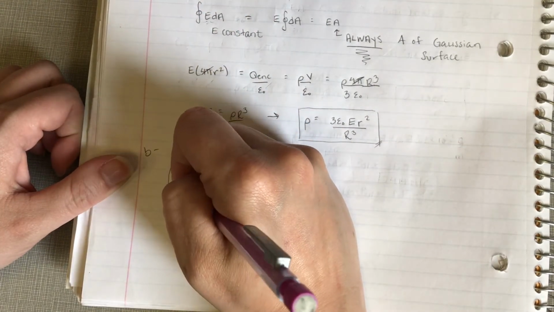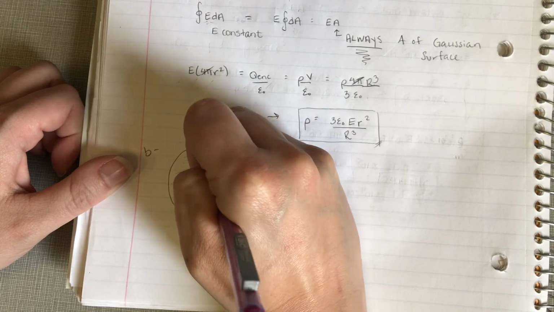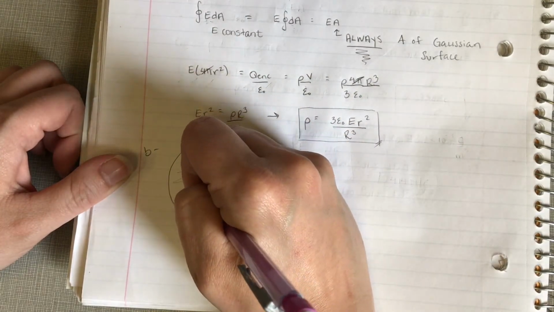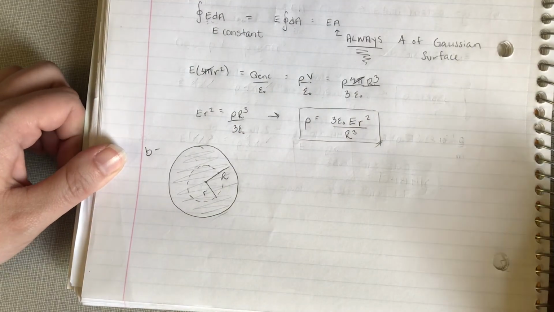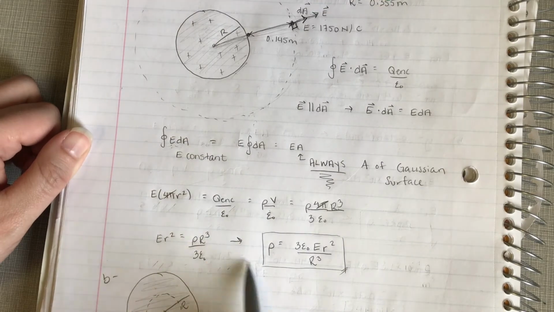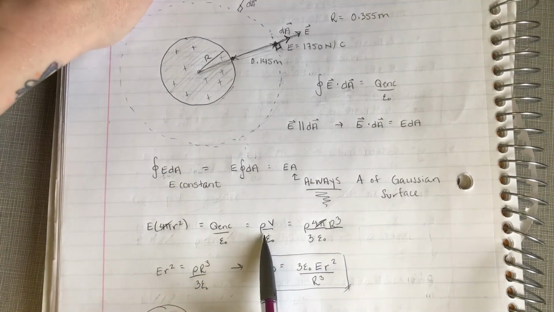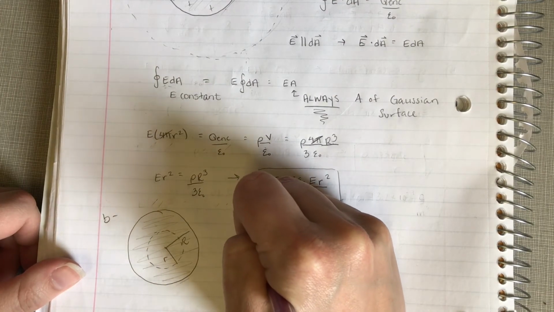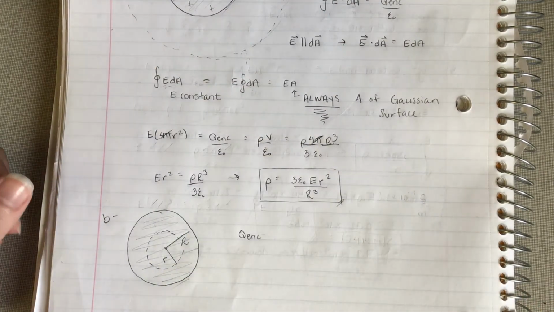And now we want to find the electric field in here at some smaller radius. So I'm going to call that little r again. So everything that we did up here is going to be exactly the same, except for our Q enclosed.